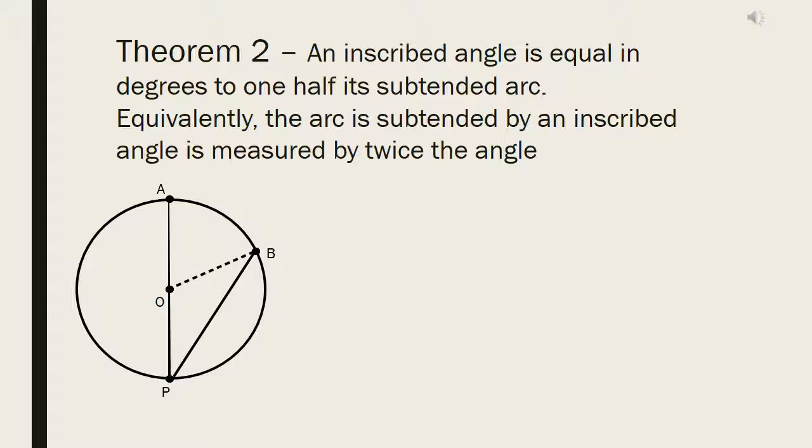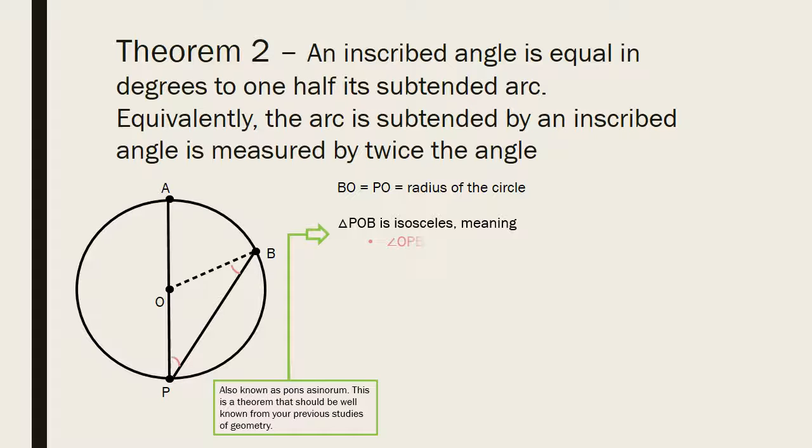Now, because lines BO and PO go from the exterior circle to their radius, their side length is equal, which makes triangle POB isosceles, which also means that angle OPB is equal to angle OBP.